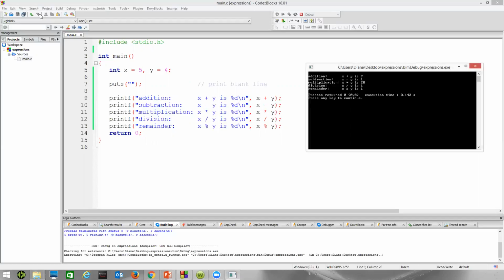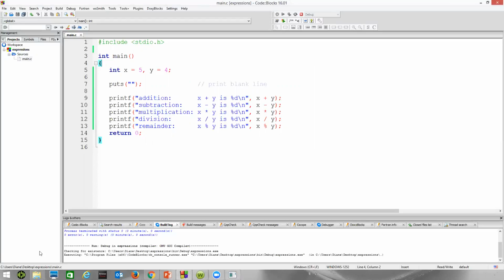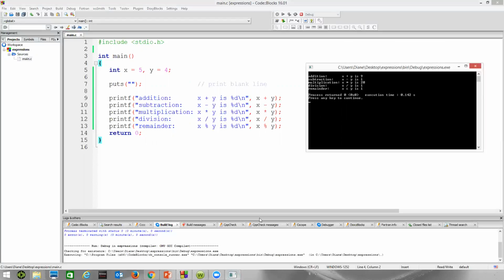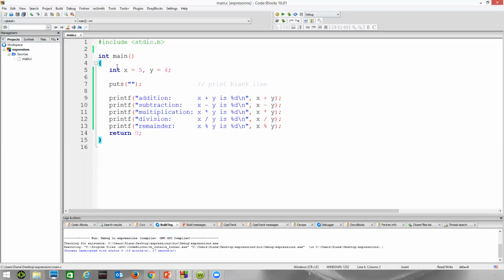Let's just go ahead and change this data type. Sorry, I need to stop that running. Now let's just change these to floats. Make that 4.0. Technically I should make these constants f to be floating point instead of double type.